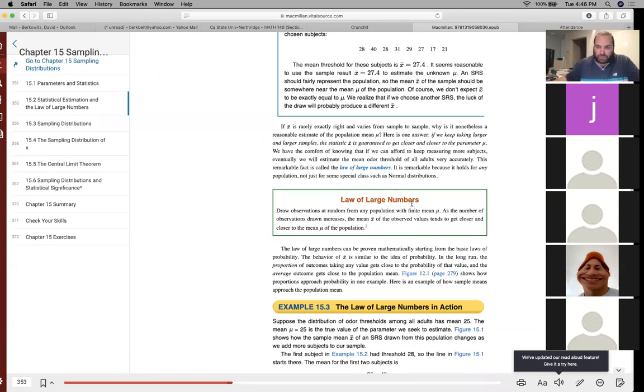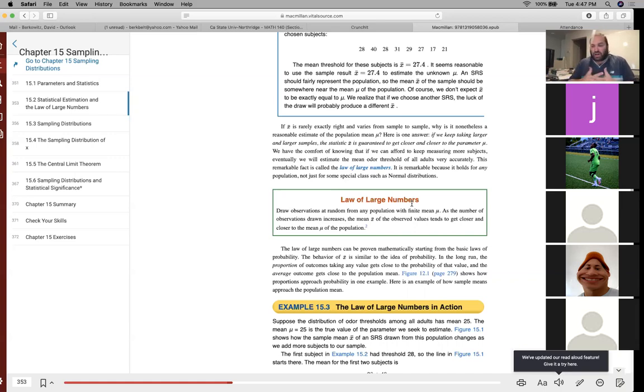In other words, if I want the average height of every American, and I take 3 people and compute my average from those 3 people, do I really have strong expectations that my sample average is close to the actual average? No. But if it was 300 people, or 3,000, or 300,000, or 3 million people, then I would expect that as the sample size increases, it gets closer and closer to the true value.